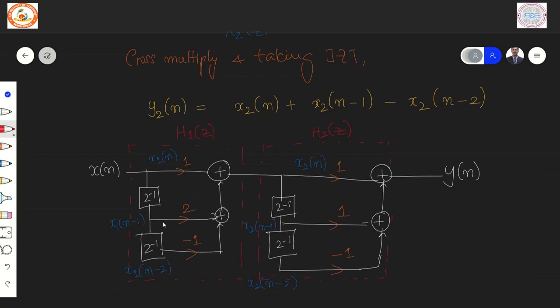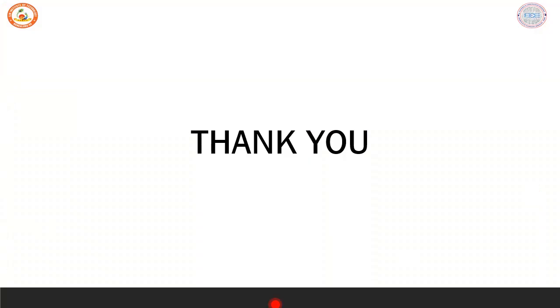This sort of arrangement is called a cascade, where we have the blocks placed one after the other in series. Thank you all.